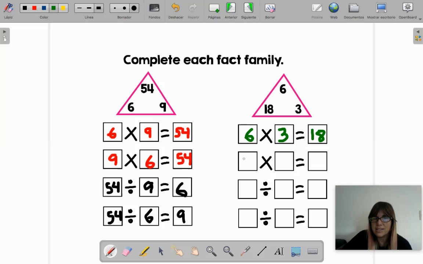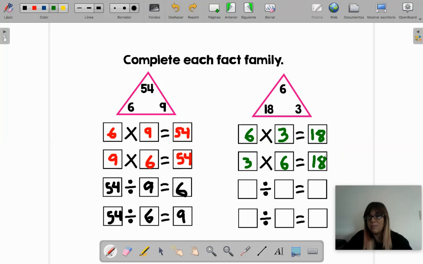Number 2 was 3 times 6 is also 18. Now listen carefully. Maybe first you put this one here. It's okay. It doesn't matter which sentence you put first. You can first put 3 times 6, 18, and then 6 times 3, 18. As long as you put the multiplications right, okay?